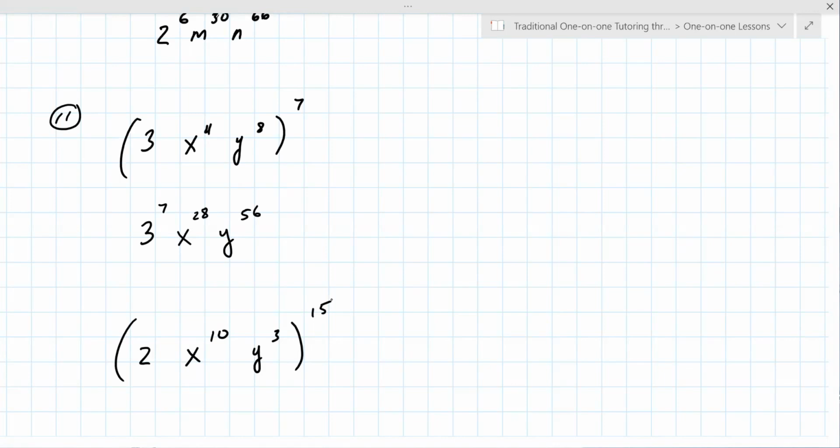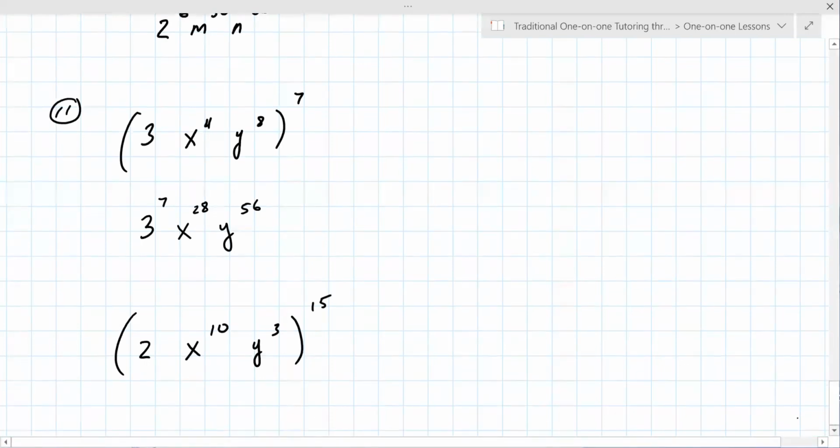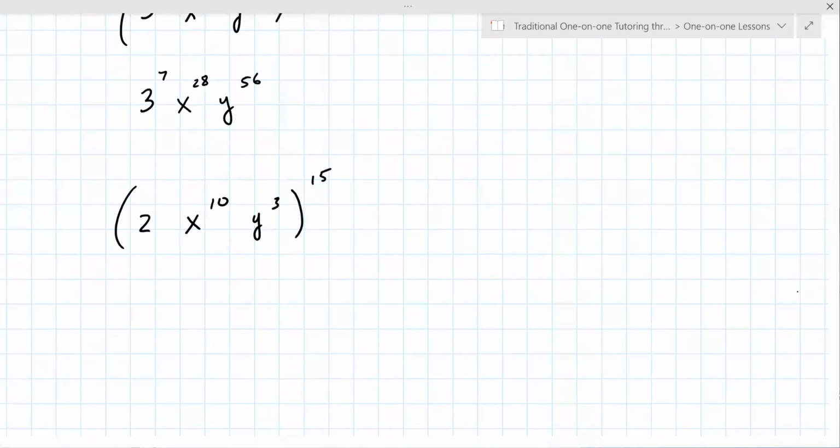Two, 15. 2 times 10 is 20. 20x. Let me know when you get your final answer there, and we'll compare.